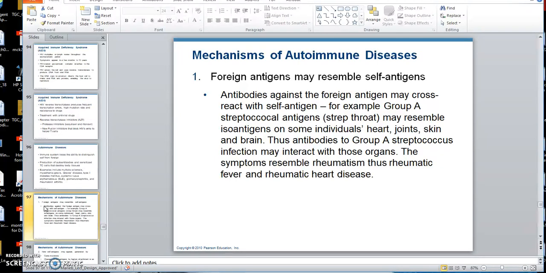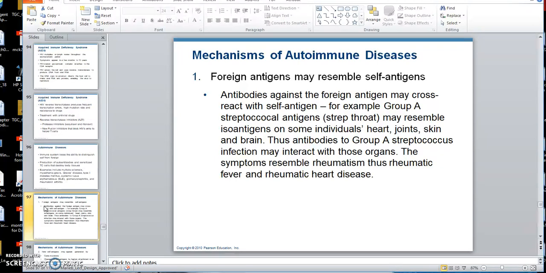Sometimes foreign antigens may resemble self-antigens. So what could happen is, after tolerance has been formed, a foreign antigen gets in. You attack the foreign antigen, produce antibodies, protect.